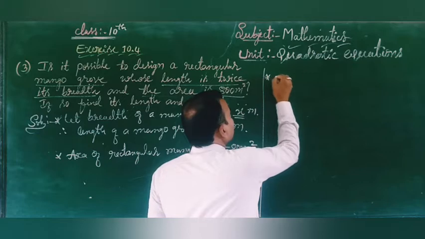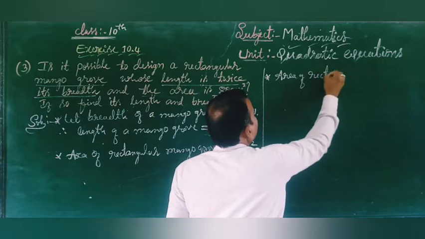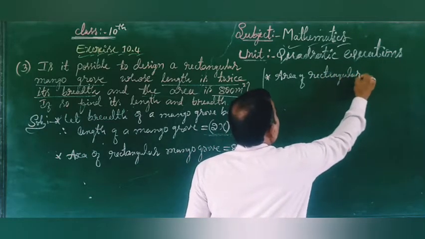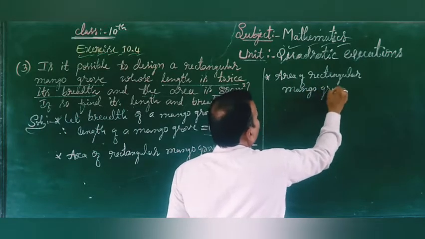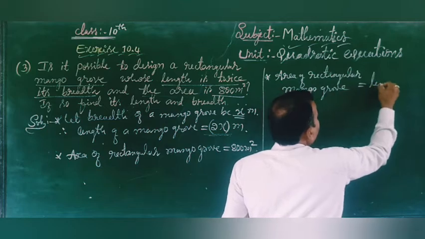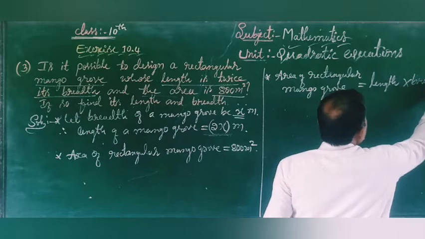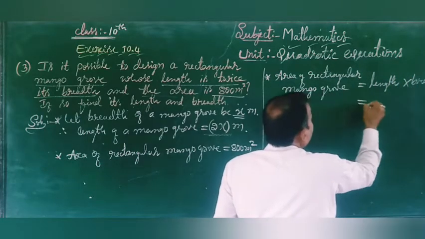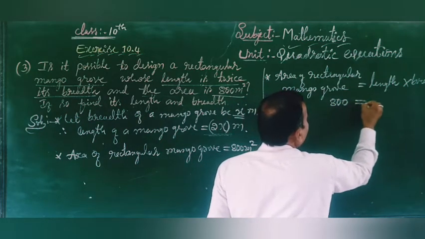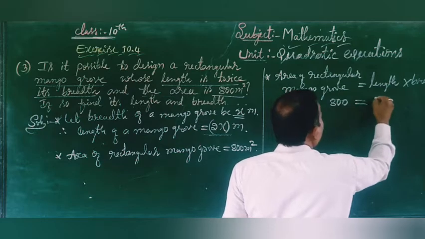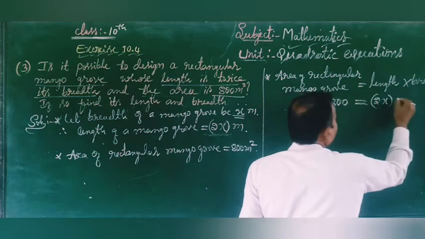Therefore, consider the area of the rectangular mango grove equals length into breadth. The area of the rectangular mango grove is 800 meters squared, it is given. Length is equal to 2x and breadth is x.